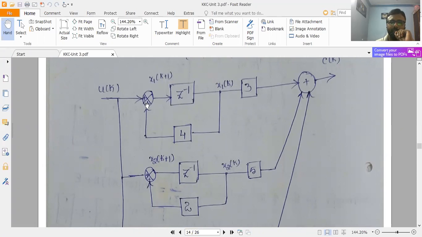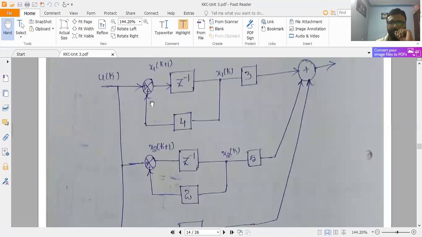What are the two values we obtain? One is u of k, and the second is x1 of k into 4. That means x1 of k plus 1 is obtained as u of k plus 4 into x1 of k.